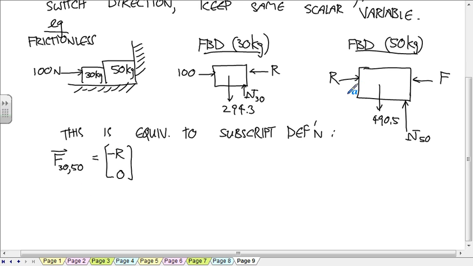Now this scalar with this direction is the force vector on the 50 by the 30.